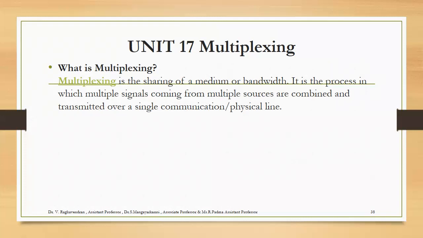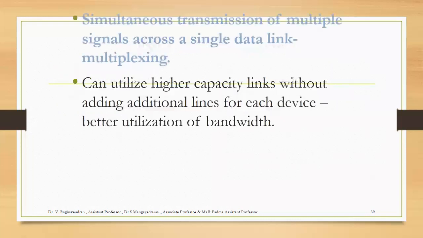It is the process in which multiple signals coming from multiple sources are combined into a single source and then transmitted over a single communication link, otherwise called a physical line. So simultaneous transmission of multiple signals across a single link is called multiplexing.